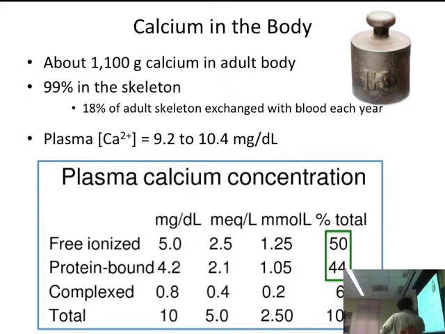Well, about half of the plasma calcium concentration is just freely ionized, so calcium 2+, floating around in your blood, just by itself. And then about 44%, most of the rest of it, is complexed by proteins. Proteins are either transporting it or folding around it in some cases as part of the protein structure. There can be protein transport, calcium transport proteins.